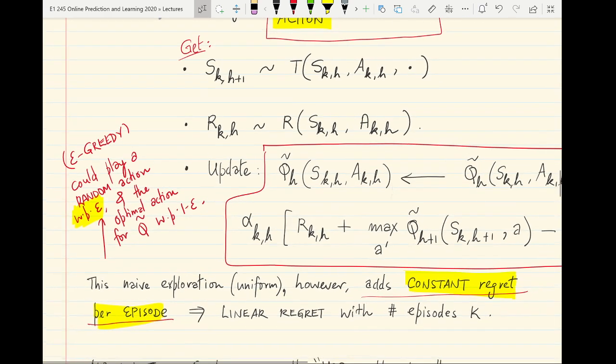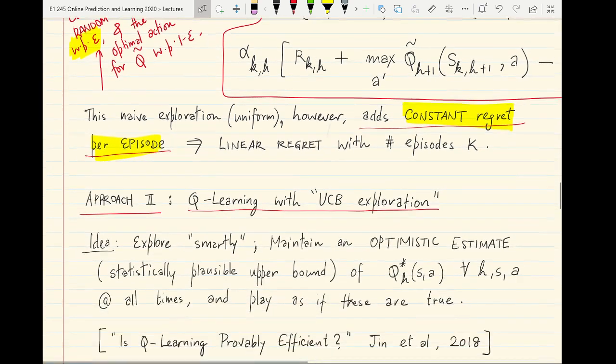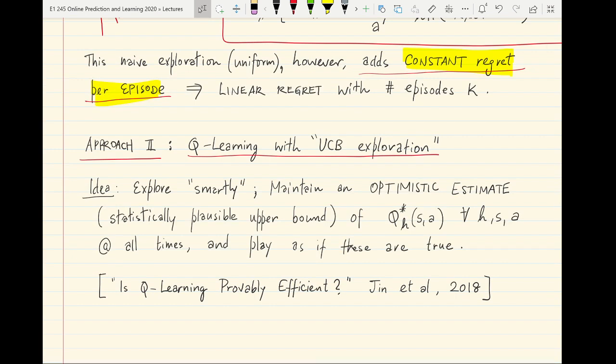That's the question that this simple exercise poses, and it can be addressed by several approaches. Here we will present this approach, which is called Q learning with what are called UCB bounds, upper confidence bounds. This is also called Q learning with UCB exploration.